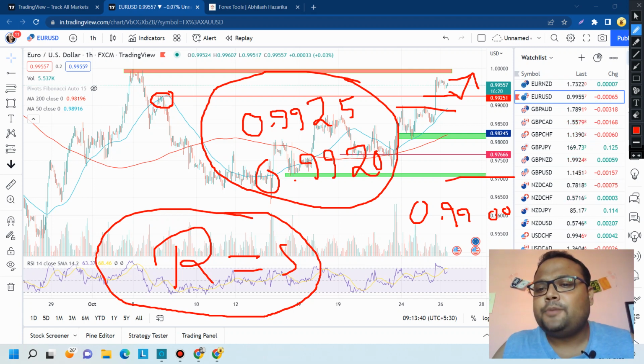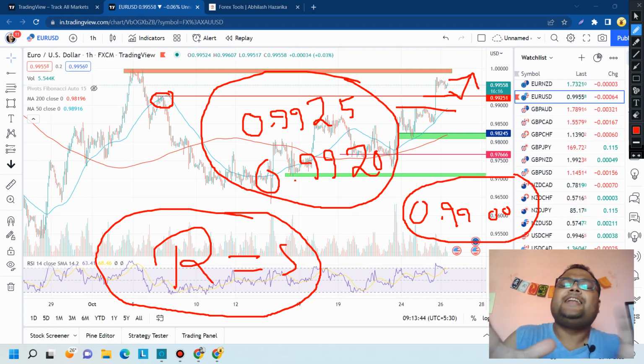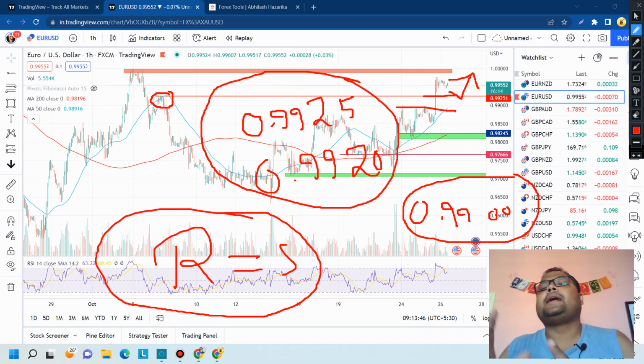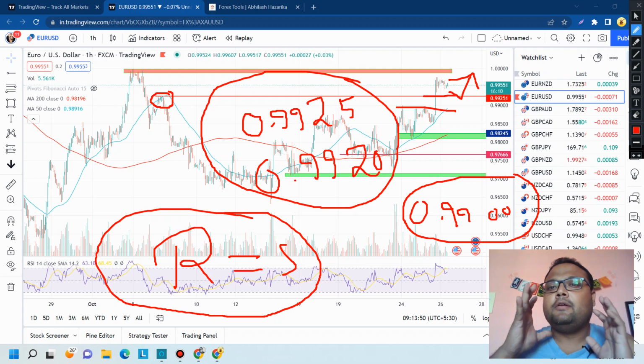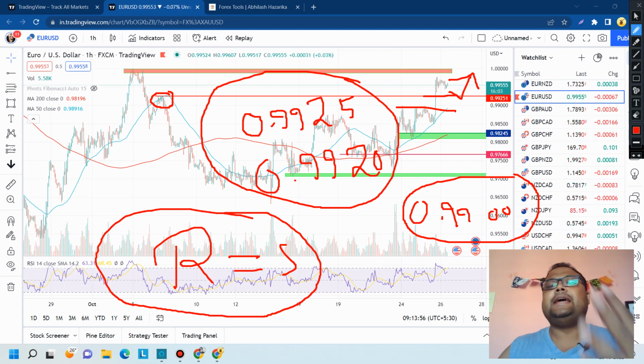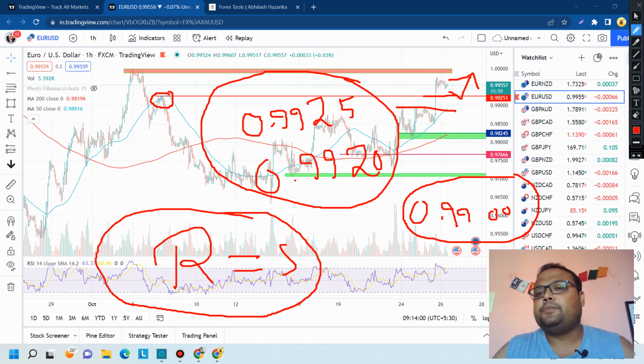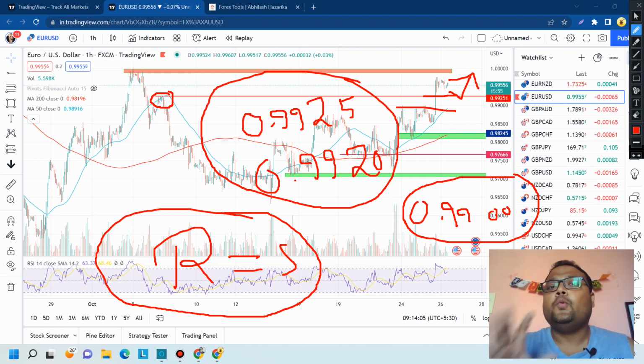Similarly, around 0.9900 also, which was previously kind of a resistance, you can expect the market to act as support. We do not have any strong immediate support, but you can expect that previous resistances will now act as support around 0.9925, 0.9920, or 0.9900.